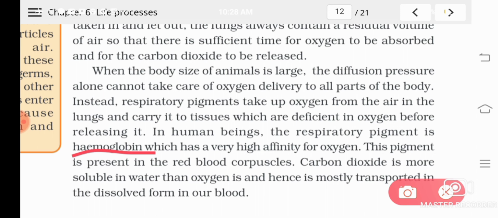So what I have told you today is how respiration or exchange of gases takes place in plants. Then I told you about the exchange of gases in different organisms, the different respiratory organs in them, the common features of the respiratory system, the breathing mechanism, and also the respiratory pigment.